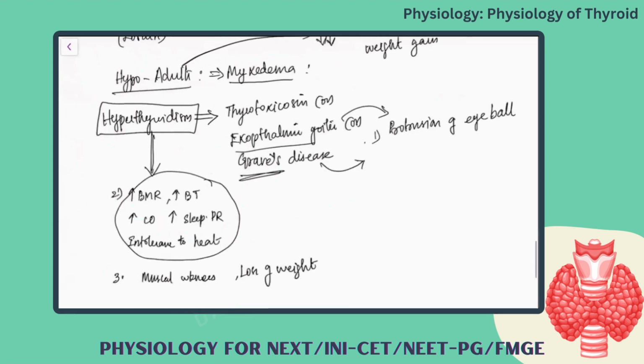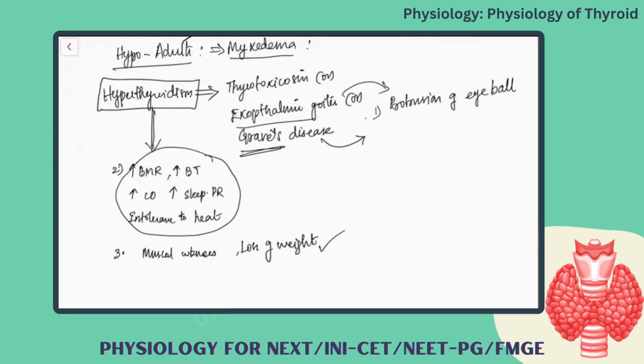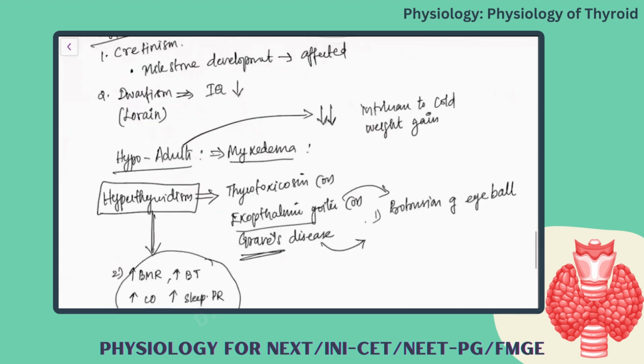In hyperthyroidism, everything will be increased except the weight of the person. It is decreased, loss of weight. Whereas in hypothyroidism, as there is hypo, everything you have seen increased in hyper will be decreased. This is the easy representation to remember which is hyper, which is hypo.